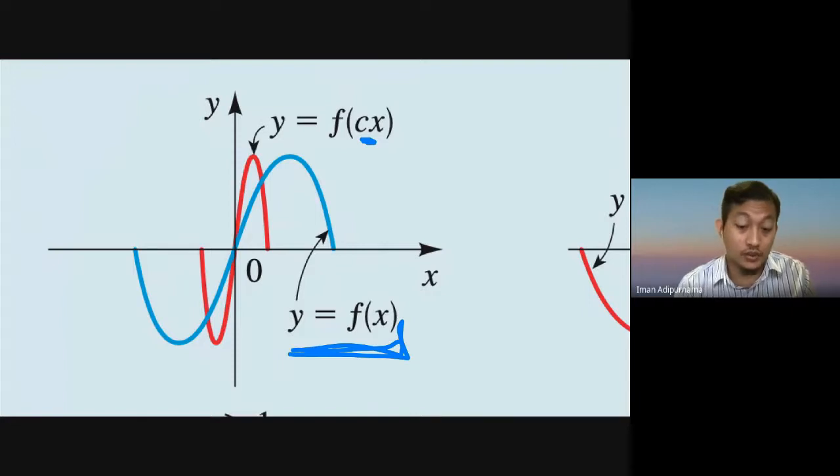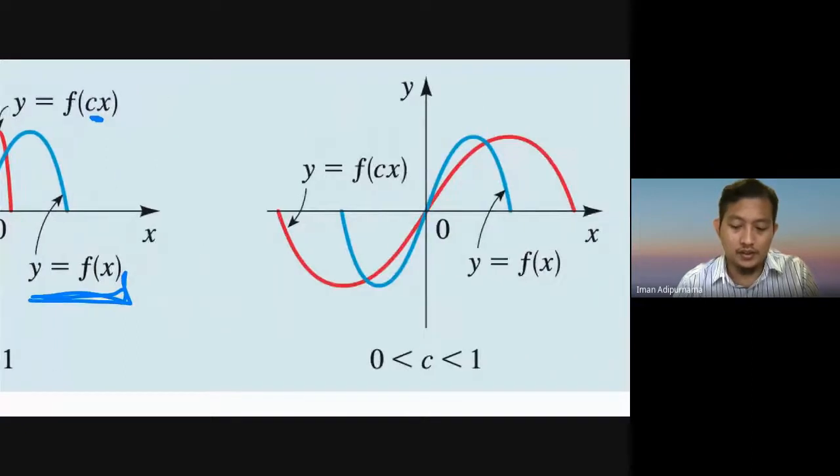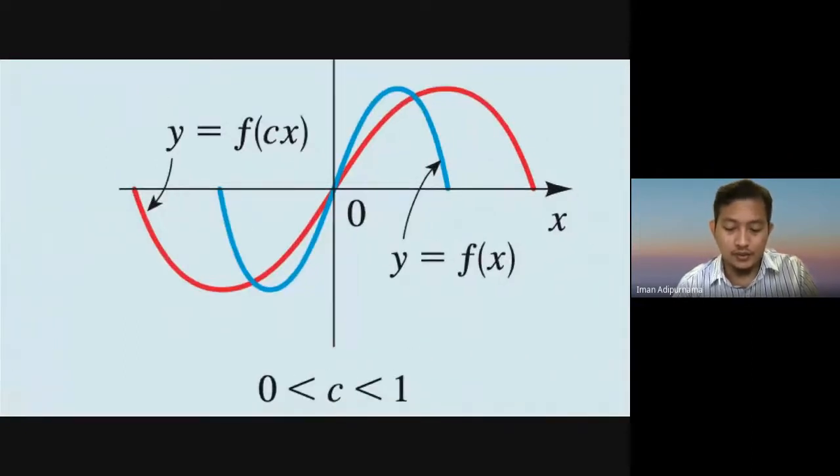What will happen? It will be shrinking. So it's like you push from both sides. Okay. And similarly, if you had this original function f, and then you multiply the x with c, then you have a stretching.